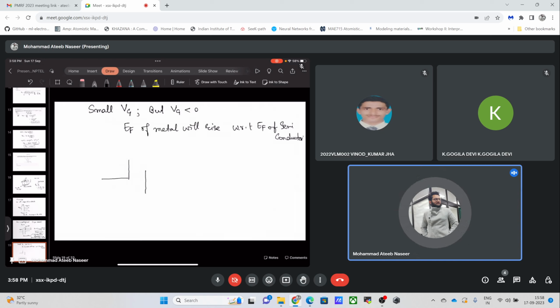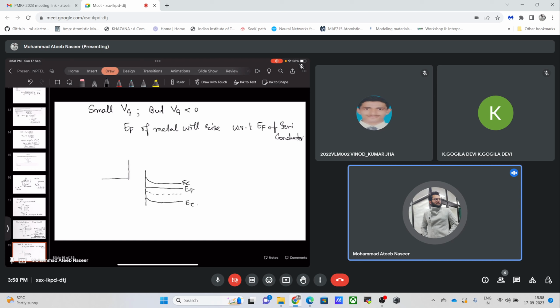As a result, the interface will be less n-type. It would look like this, if this is the Fermi level of the semiconductor, and this is the intrinsic Fermi level. This is the conduction band edge, this is the valence band.